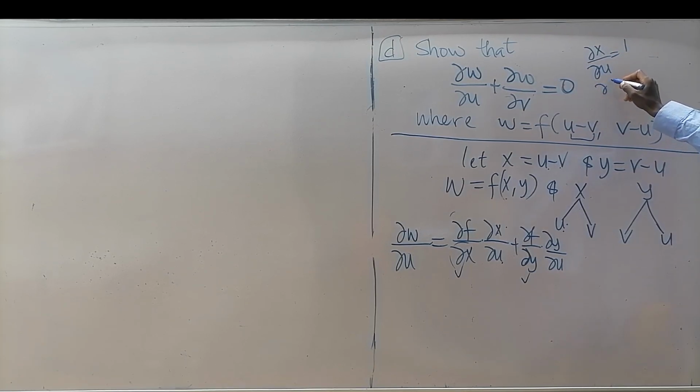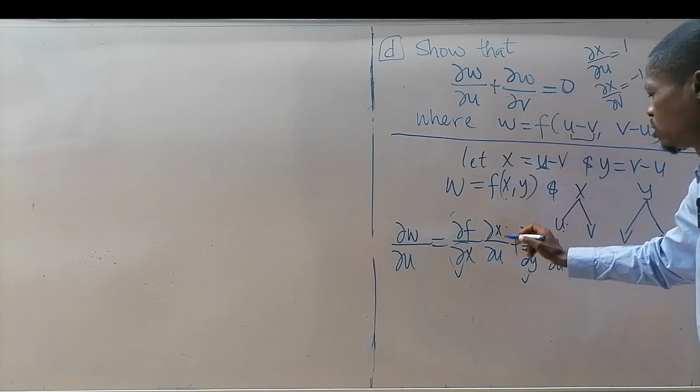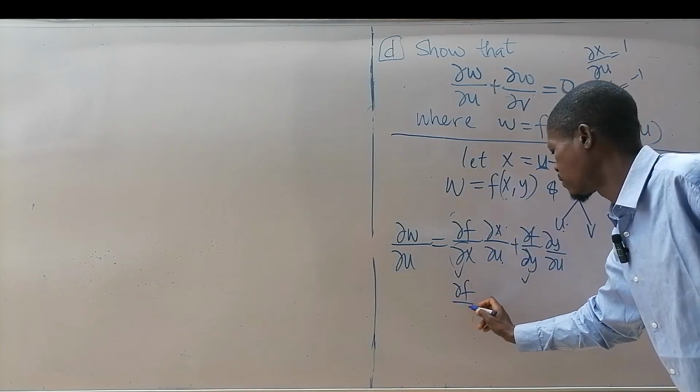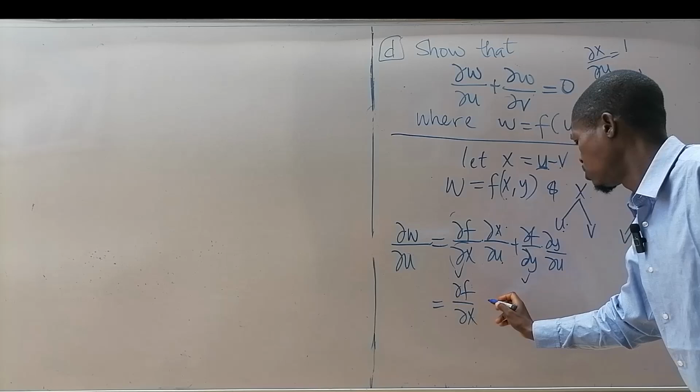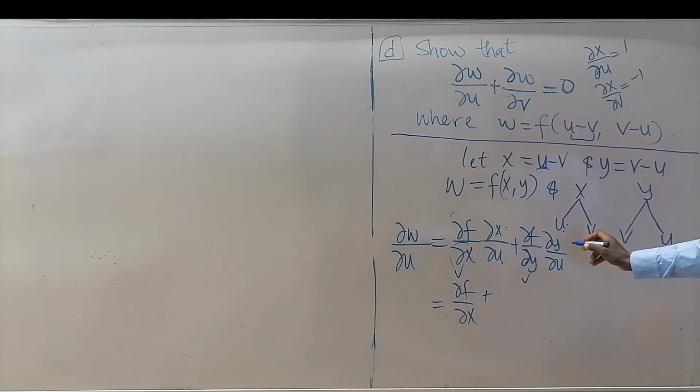If you differentiate that same function with respect to V, while keeping U constant, it's going to give you minus 1. Quickly do that substitution. This one is 1. So I have here del F del x, then plus del y.